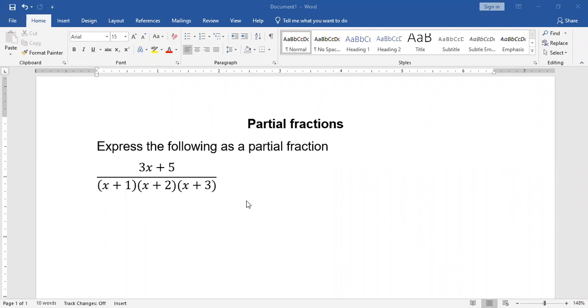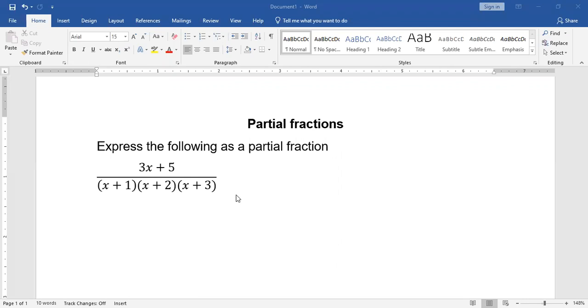Welcome to this video. In this video, I'll be teaching how to decompose a partial fraction, or how to express a composed fraction into a partial fraction. All right. So I've picked one example here, which says express the following as a partial fraction.